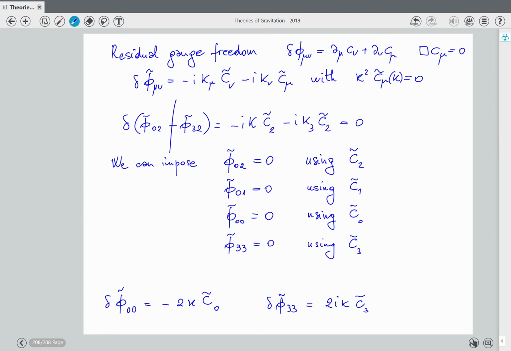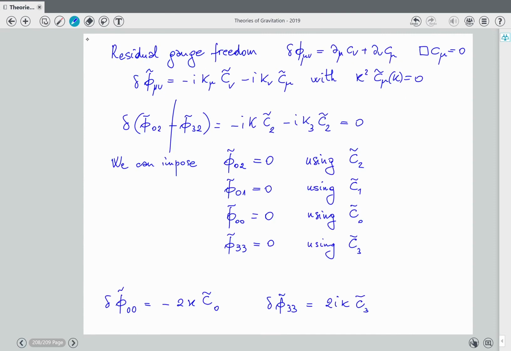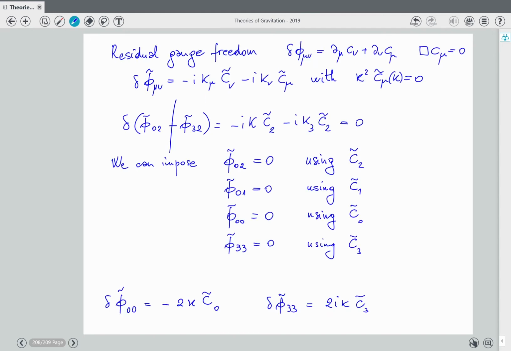And now we have 8 conditions from 10 components, and we will remain with 2 independent components, which are the 2 helicities. So let's insert these. Let's see what happens. Let's build this matrix phi tilde mu nu, and let's see 0, 0 and 3, 3 are 0. 0, 2 and 0, 1 are 0.